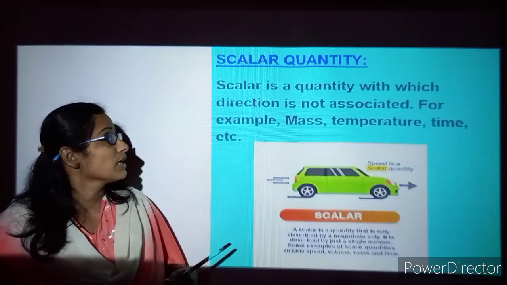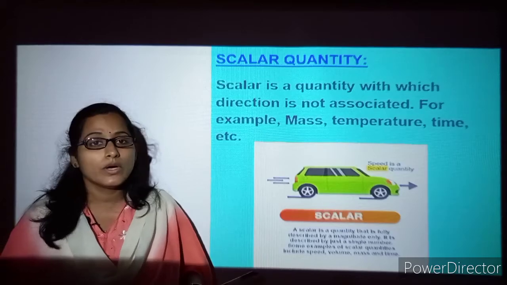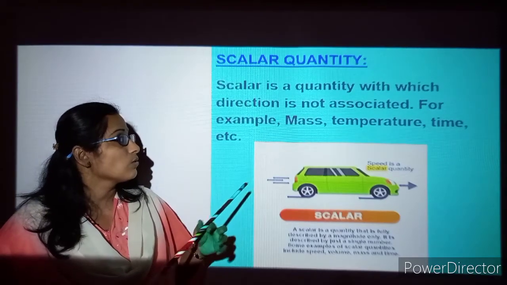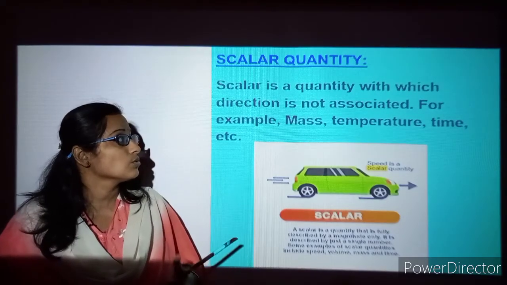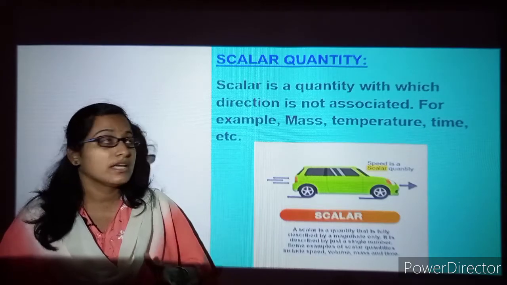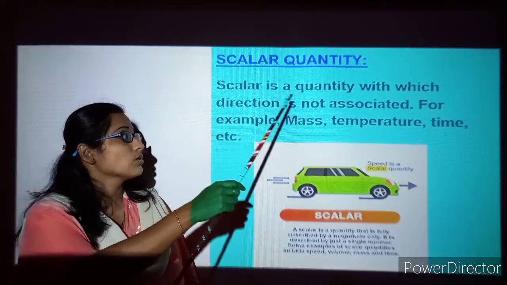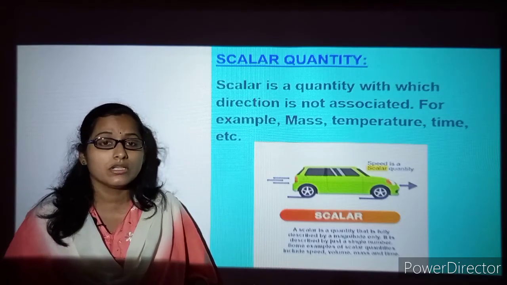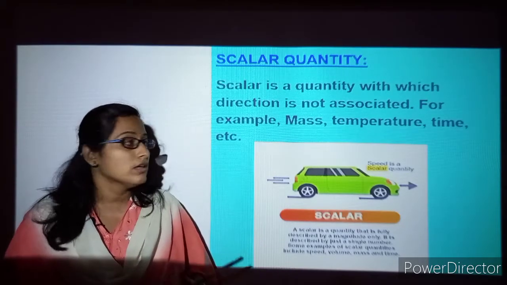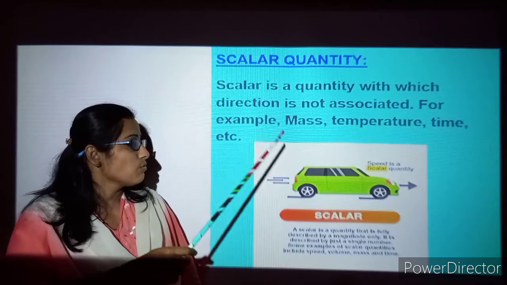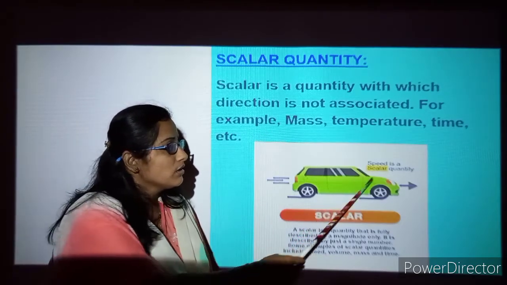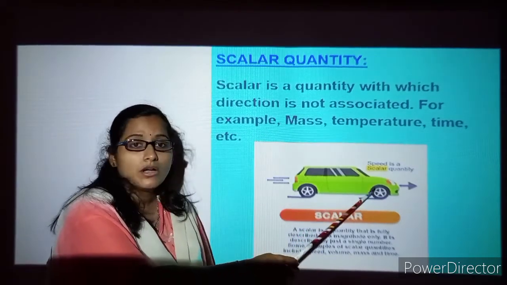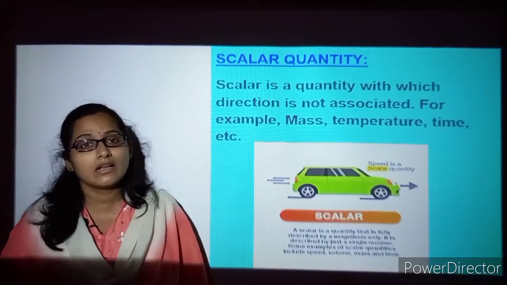So next we will see about scalar quantity. So what is a scalar quantity? It is not associated with respect to the direction. So scalar is a quantity with which direction is not associated. Direction can be anything. So speed is a scalar quantity. How can it be a scalar quantity?